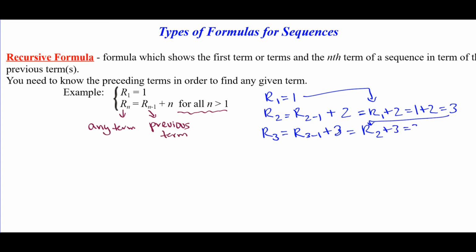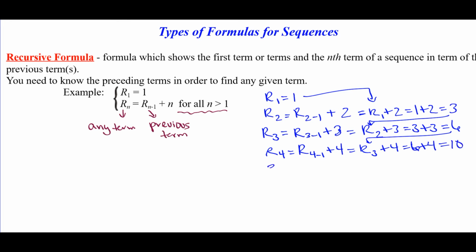So this is going to give me 3 plus 3, so my third term is 6. So then r sub 4 is going to give me r sub 4 minus 1 plus 4. So r sub 3 plus 4, so plug in the 6. So 6 plus 4 is going to give me 10.